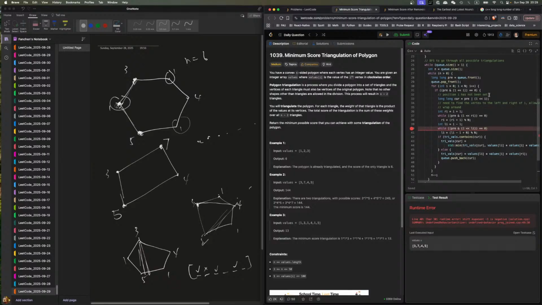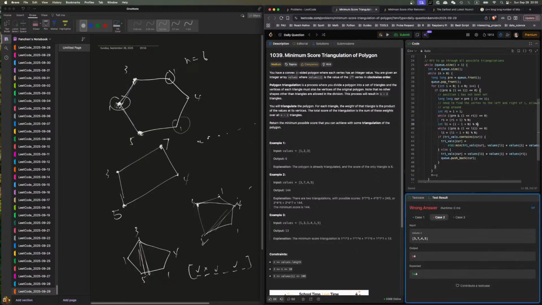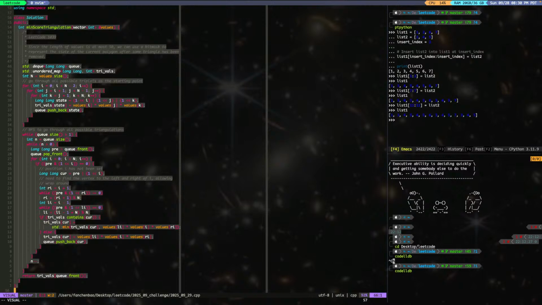Shift got to the negative. Oh, I have this have to go plus n as well. That ain't right. Okay, some issues. Let's debug this thing.